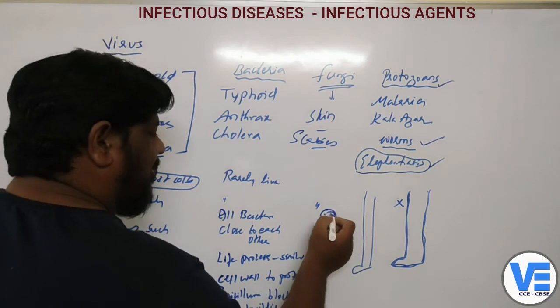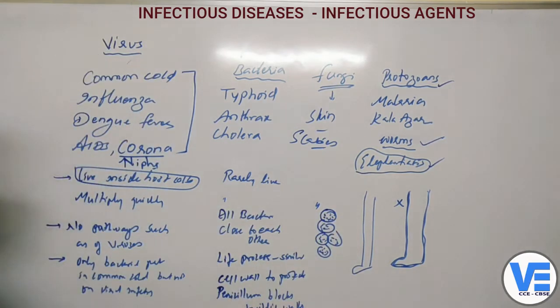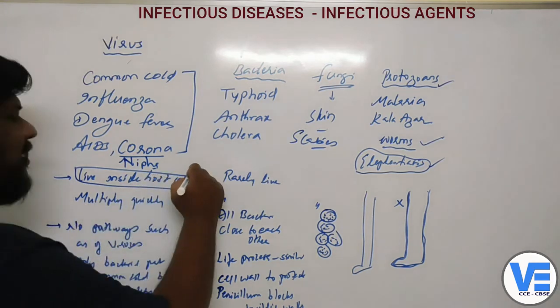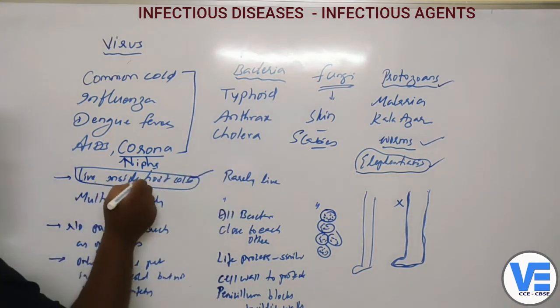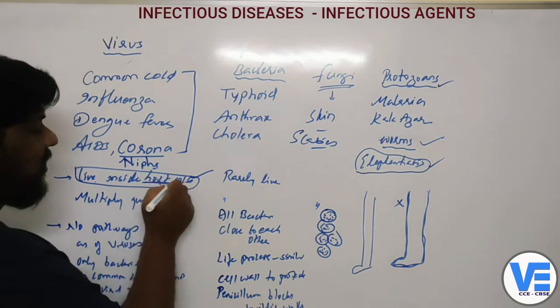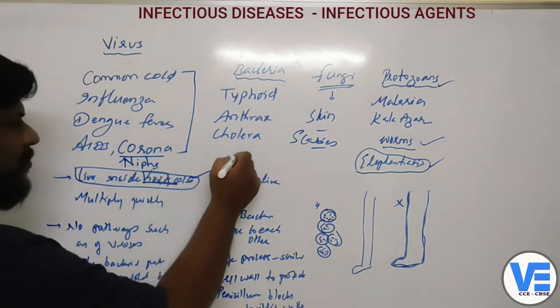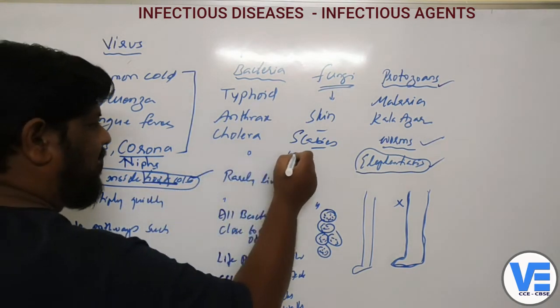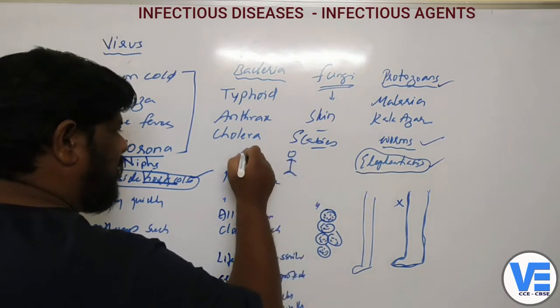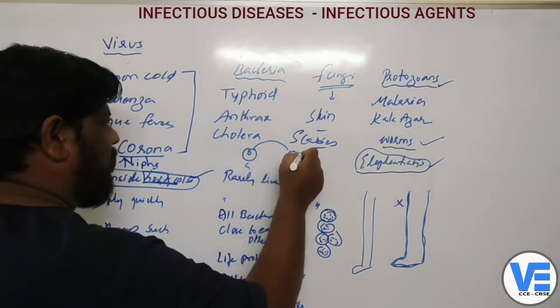They stay in our cells and cause harm to our body. That is the reason why they are living in the host cells. Host is us, right? For example, if this is a virus infecting a person, the virus will become the guest and you will become the host.